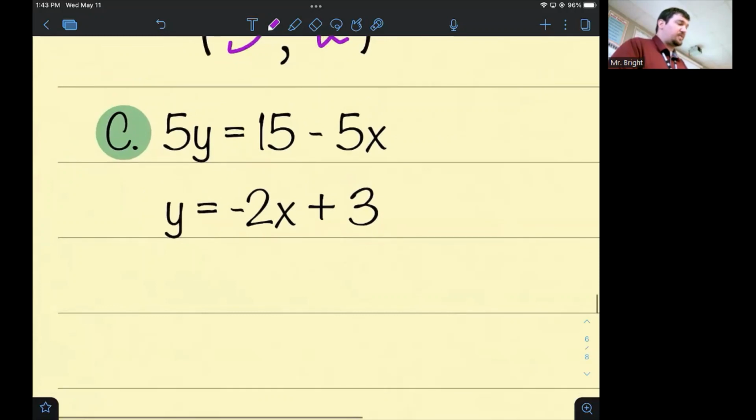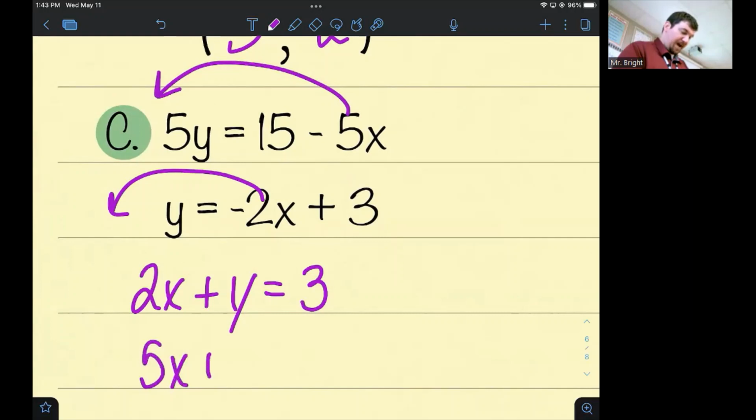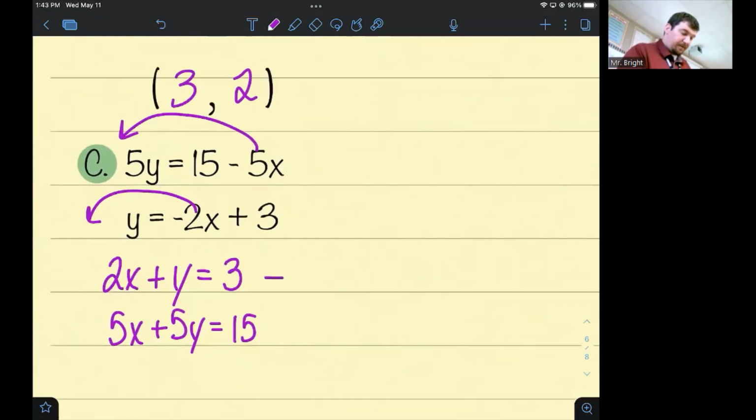What we're going to have to do, though, is make these in standard form. So we're going to have to move some stuff around. For example, we're going to have to move this x over to make it positive 2x plus y equals 3. And we're going to have to move this x over to make it positive 5x plus 5y equals 15. Then I'm going to have to change some things.